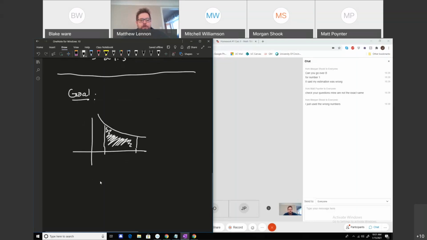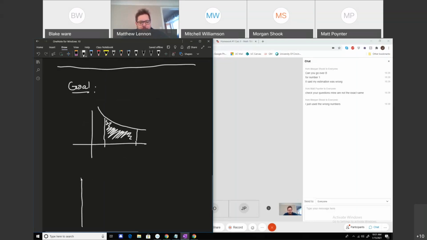But what we're really doing is estimating, right? So we're estimating from this point to this point. So if I'm using left rectangles here, notice how the rectangles are going above the curve. You've got a little bit extra on this left estimate.